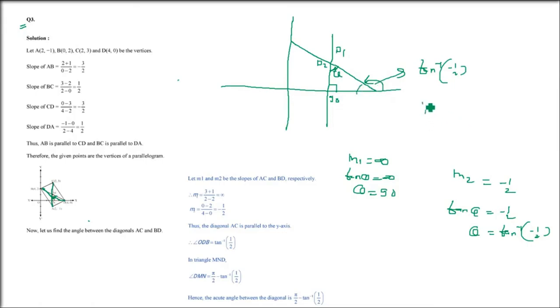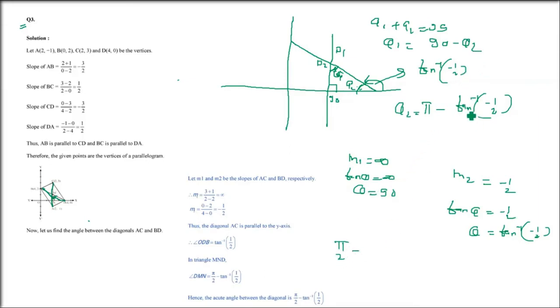What will be this other angle? It is 180 minus, that is pi minus tan inverse minus half, since this is a linear pair, 180 degrees. So what about this angle? We know this is 90 degree. So when you add theta 1 and theta 2, it will be 90 degree. In order to find theta 1, you subtract: 90 minus theta 2. So pi by 2 minus (pi minus tan inverse minus half).